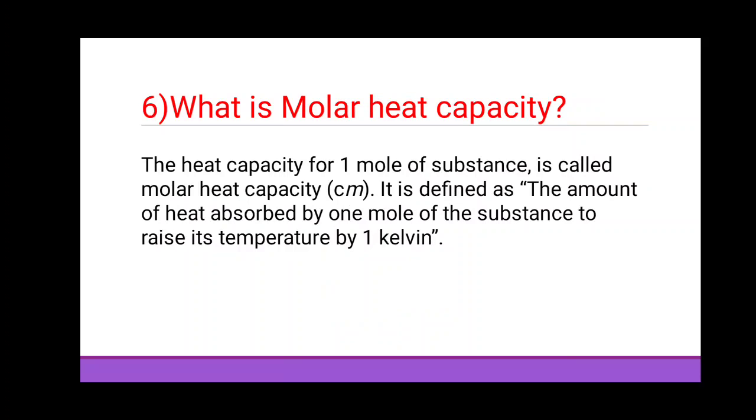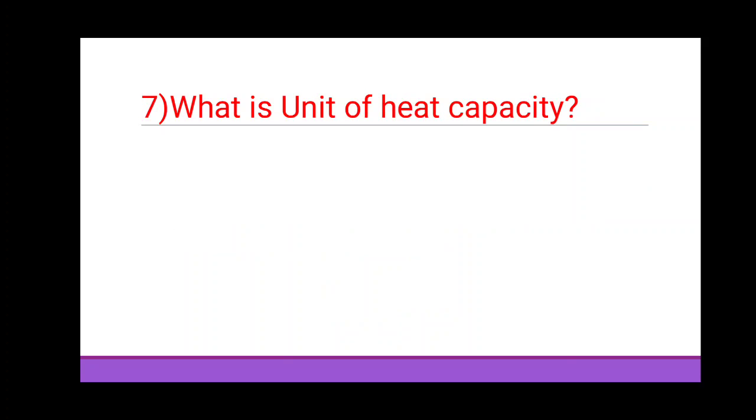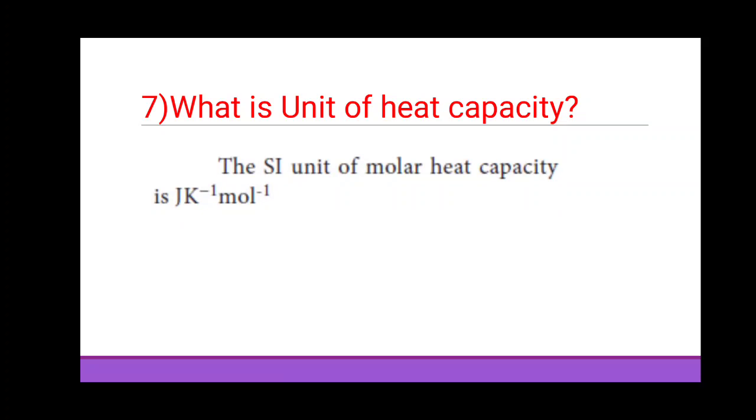Now, what is the unit of heat capacity? Regarding the formula, Q by m del T, where Q is the quantity of heat supplied. So heat unit is joule, right? So joule divided by mass, 1 mole you have to take.